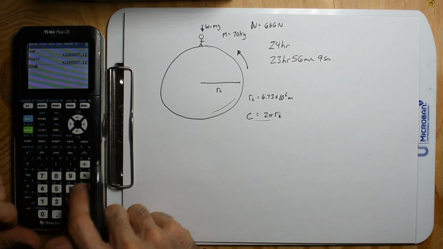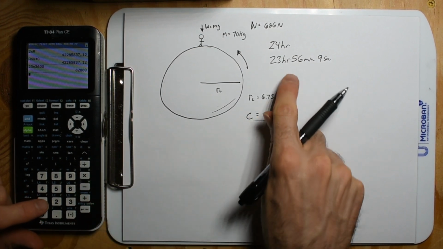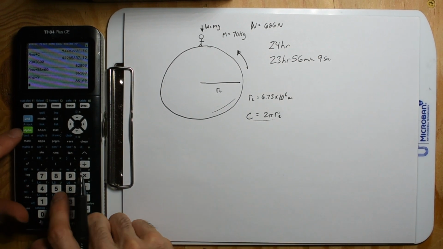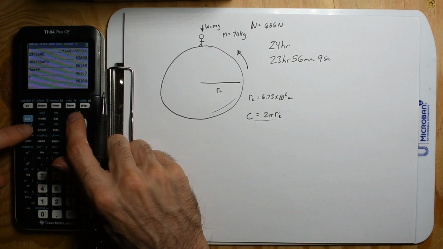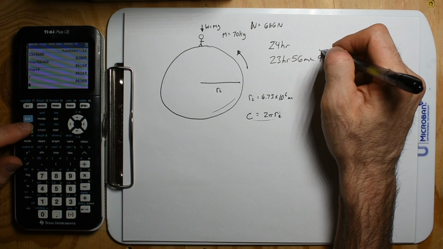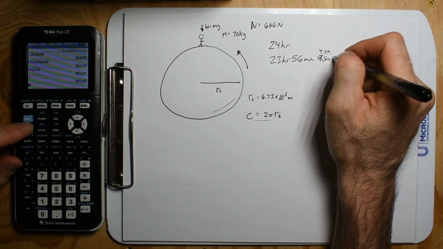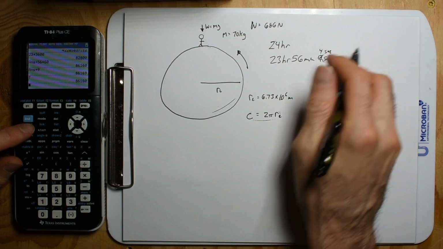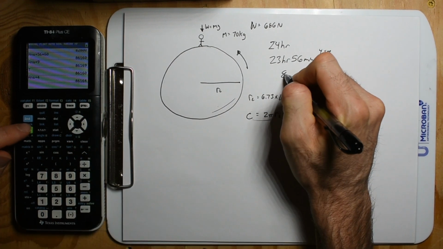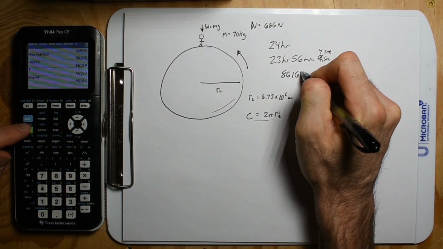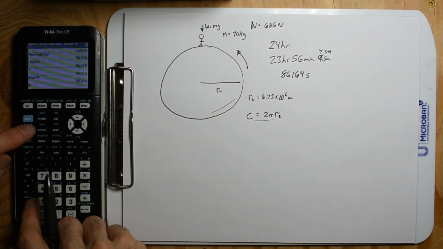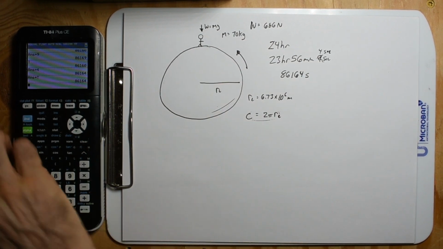And so we're going to go 23 times 3,600 to get that many seconds, plus 56 times 60 to get that many seconds, plus 4. So we're going to use 86,164 seconds. So this is one rotation. We're going to store that as alpha t.